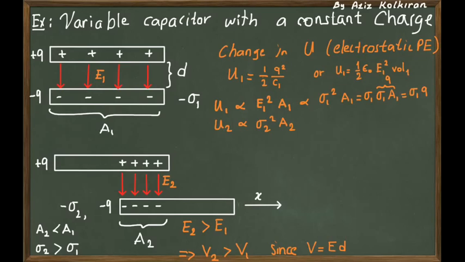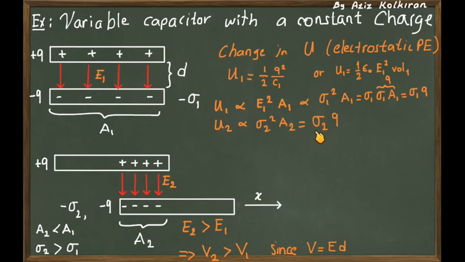Then we may express these proportionalities as U1 is proportional to sigma 1 times Q, and U2 is proportional to sigma 2 times Q, and the Q's are the same for both cases. The only changing thing is just the surface charge density, and you see the result is immediate now. U2 is proportional to sigma 2 and U1 is proportional to sigma 1. These proportionality constants are the same for both cases.